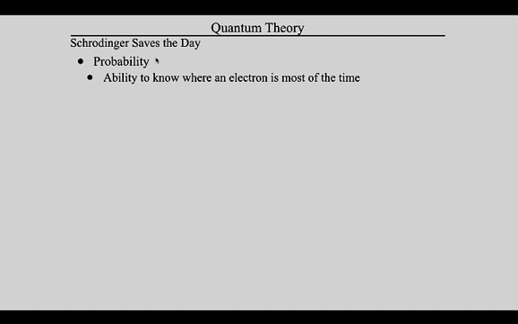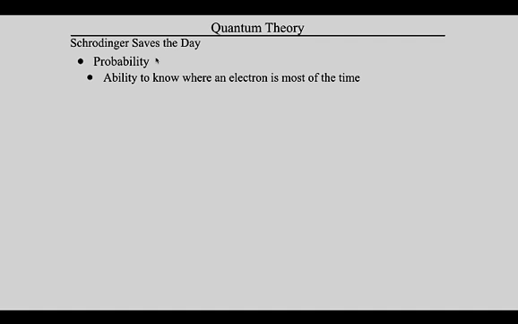Guys, that's how Schrodinger figured out where the electrons would probably be, by using mathematical equations to figure out what they're up to. He didn't do any laboratory research. He used math to predict where these electrons would be.